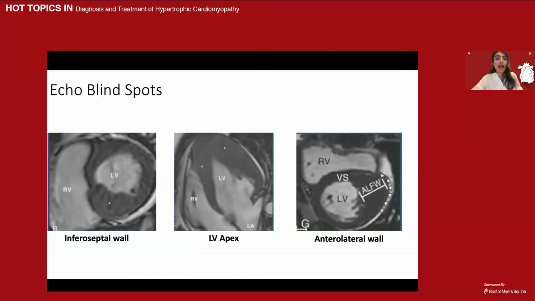I also wanted to highlight echo blind spots in this slide. There are several regions where echocardiography particularly misses focal hypertrophy, such as the inferoseptum, the LV apex, and the anterolateral wall. This is also one of the reasons why CMR is particularly valuable when clinical suspicion remains high despite equivocal echo findings.